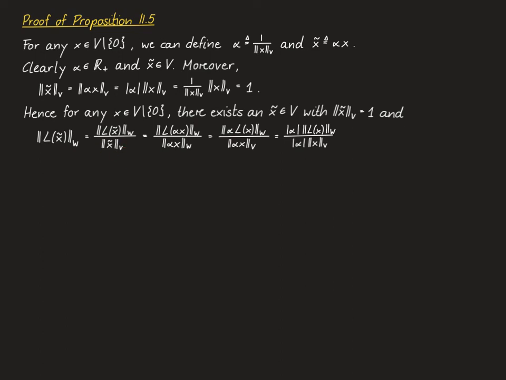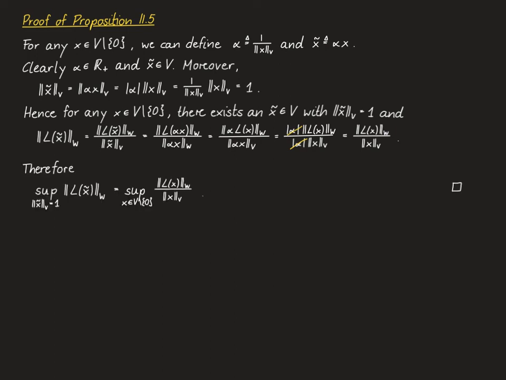And this again is equal to the norm of L of alpha x divided by the norm of alpha x by the very definition of the vector x tilde. Then by linearity of L, we can pull alpha in front of the linear map, and by positive homogeneity, we can pull alpha out of each of these norms such that alpha cancels out, and we're left with the norm of L of x divided by the norm of x.